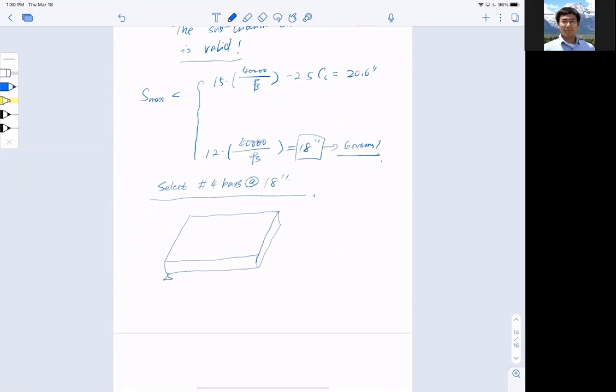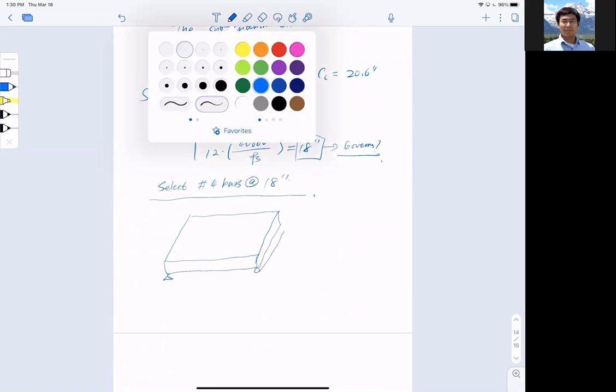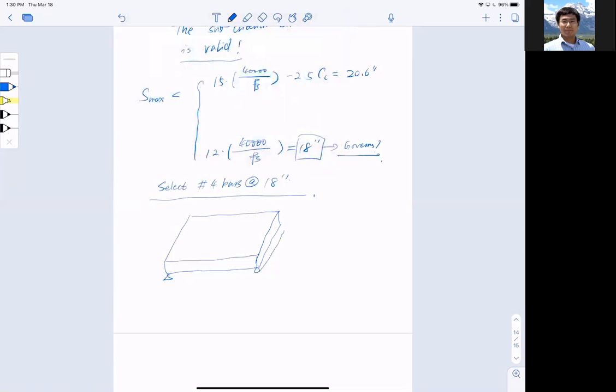One-way slab, support, support. We just provided the flexure reinforcement in the L1 direction. The red one is flexure, remember? We said this is number 4 at 6-inch spacing.